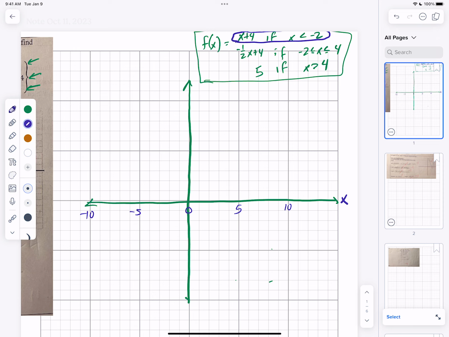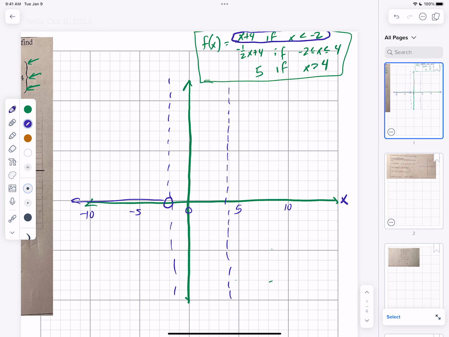So when x is less than -2, from here all the way over here, we're going to have one rule. When x is between -2 and 4, we're going to have a different rule. And when x is greater than 4, we're going to have a third rule.